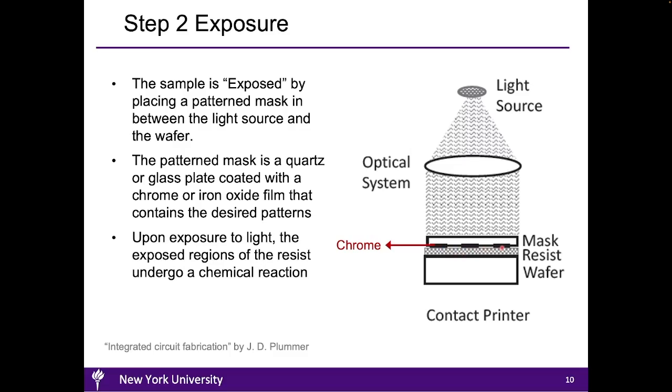Upon exposure, the light is blocked by the chrome patterns and passes through the clear regions of the masks and exposes the photoresist under the clear regions. The photoactive components in the exposed resist regions will prompt a chemical reaction as we described earlier in this video.